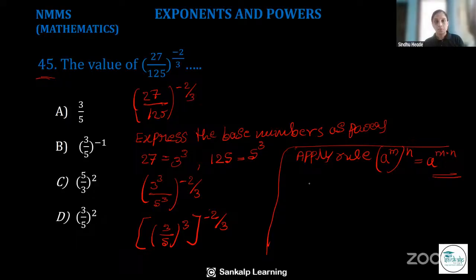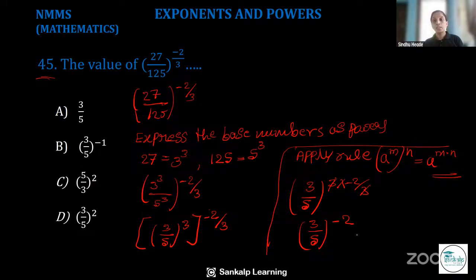We get 3 by 5 whole raised to 3 into minus 2 by 3. Here 3 is in the numerator, 3 in the denominator, so 3 and 3 get cancelled out. The remaining thing is 3 by 5 whole raised to minus 2.